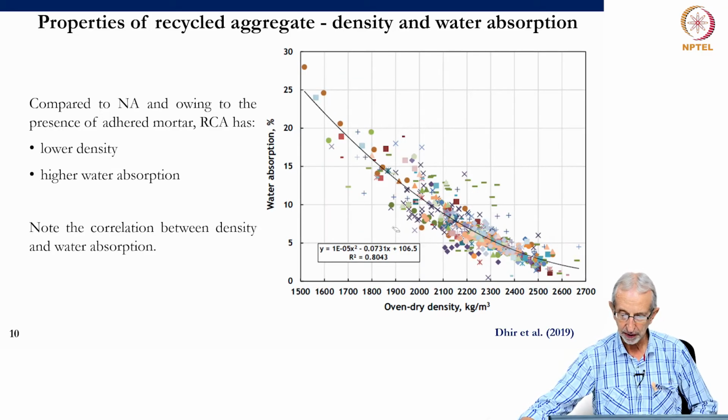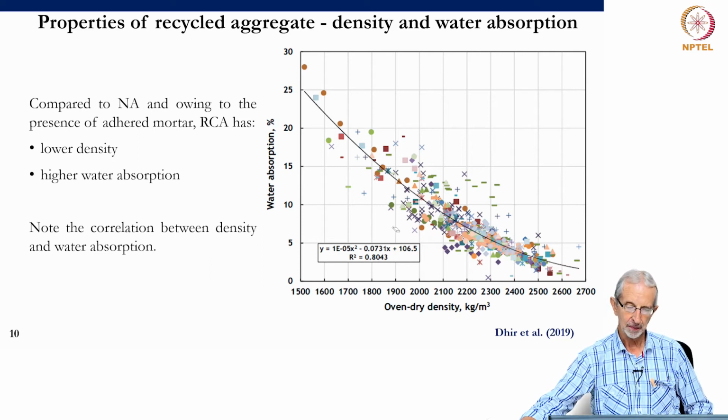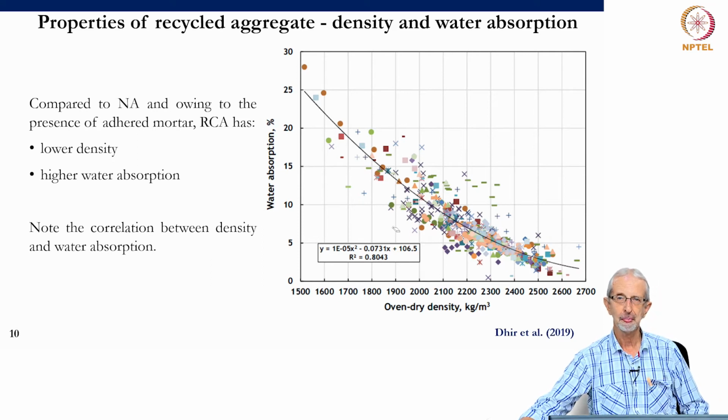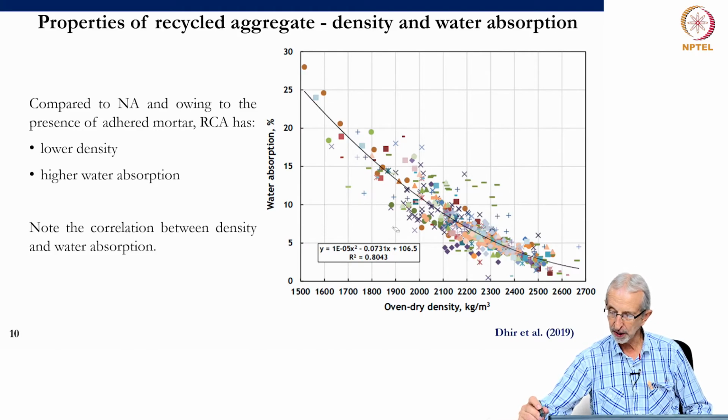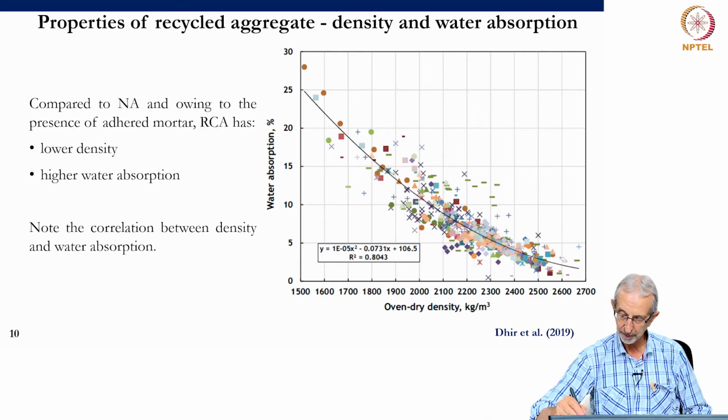And here is a very interesting correlation between water absorption on the one hand and oven-dried density on the other. And it's a scatter diagram, so there are probably several hundred points here at least. And you can see there's a very clear correlation between those two parameters, as you would expect. And generally, the natural aggregates would land up down in this corner over here, and some of the really good quality recycled aggregates, mainly coarse, of course, would end up in that area as well.